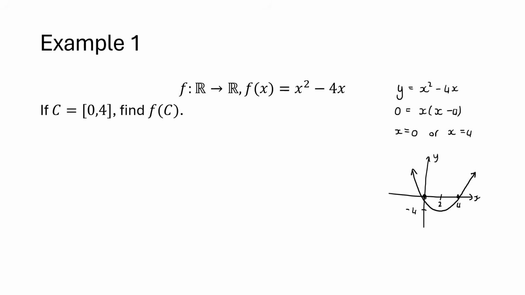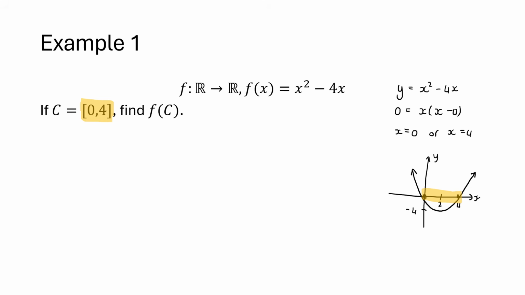All right, let's restrict our domain. We are restricting the domain to this interval: x falls only between 0 and 4, 0 and 4 included. So on the graph, we are only looking at these x values from 0 up to and including 4. And our question is, if we are restricted to these values, which y values are we getting out?